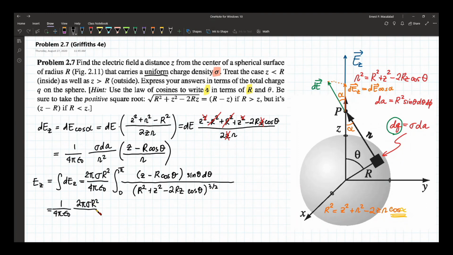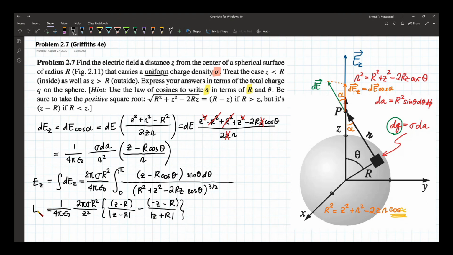divided by z squared, times z minus r over the absolute value of z minus r, because we're looking at the positive square root, then minus negative z minus r over z plus r.